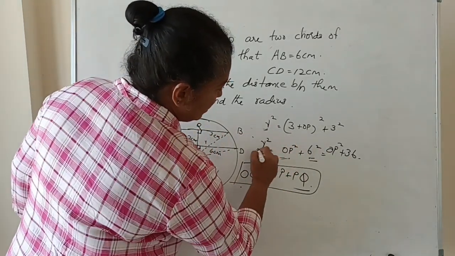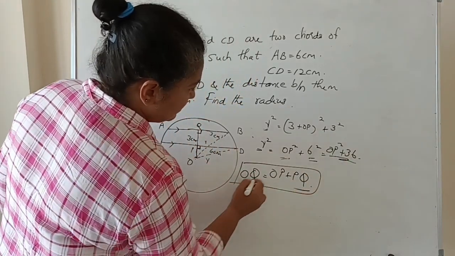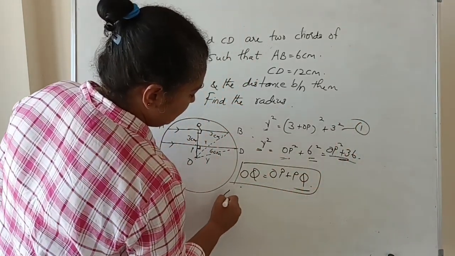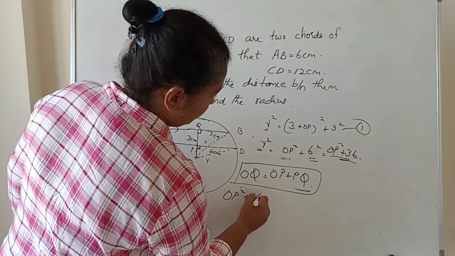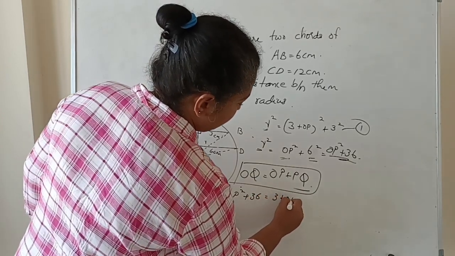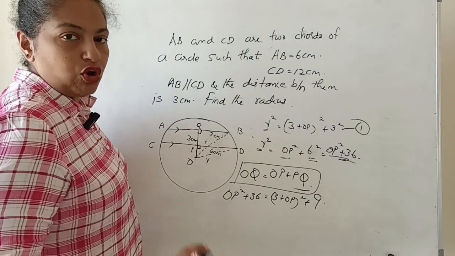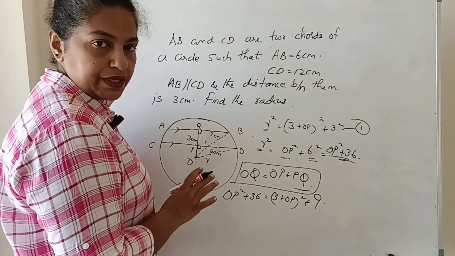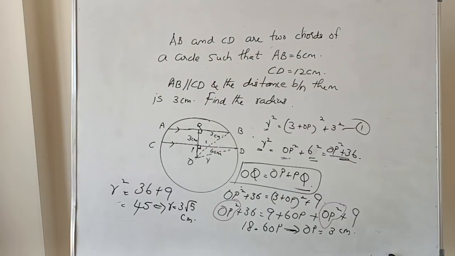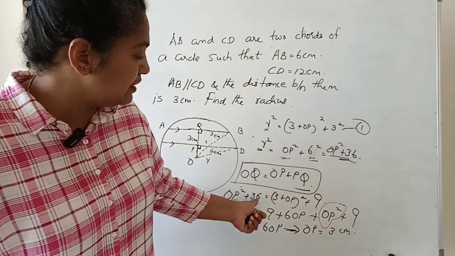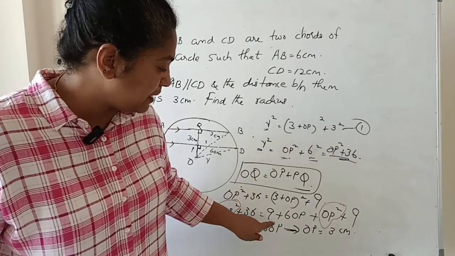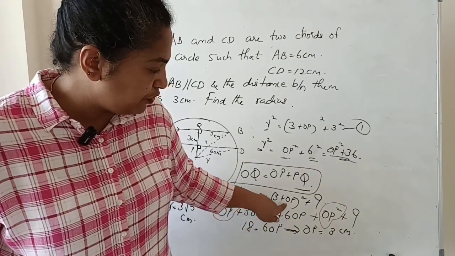So putting R square is equal to OP square plus 36 in the first equation, I will get... I will open the bracket and I will solve for OP. So I have solved for the value of OP. I have opened the bracket. I have equated these two first and then I have opened the bracket using a plus b the whole square.